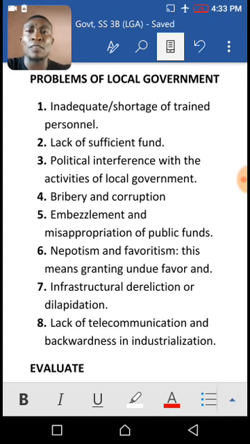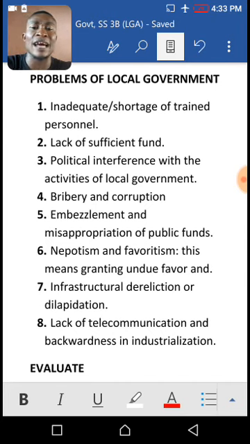Infrastructure like buildings, roads, structures, offices are not put in place for the administration of local government. If you go to some local governments in Nigeria, you realize that the local government secretariat has exceeded its lifespan. You have dilapidated buildings, structures, offices, and so on. You have bad roads. So this is also a problem to the administration of local government.